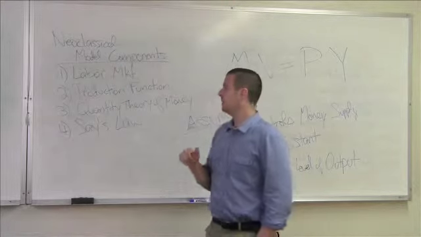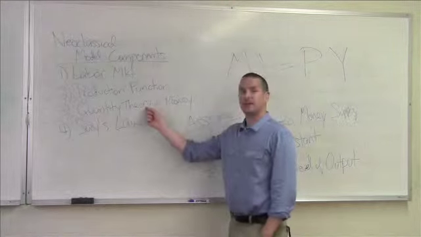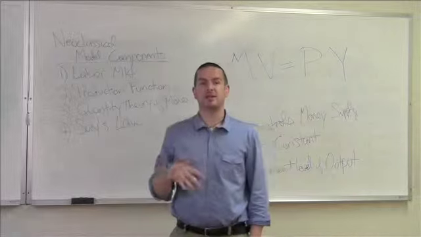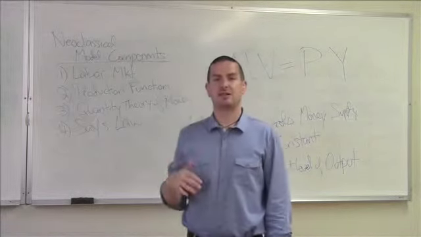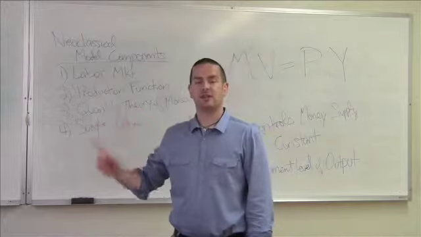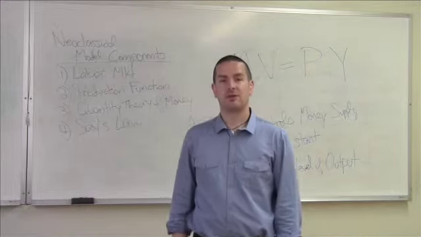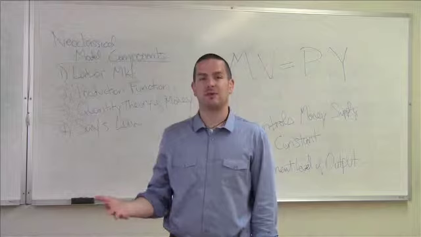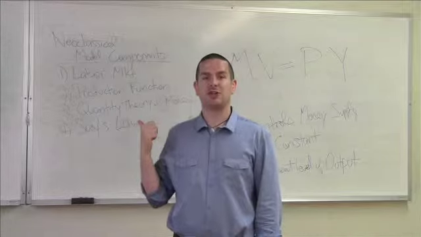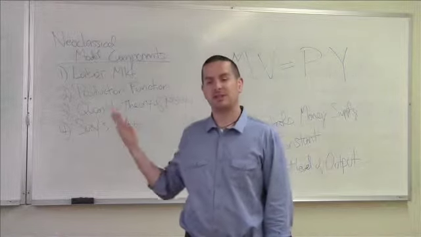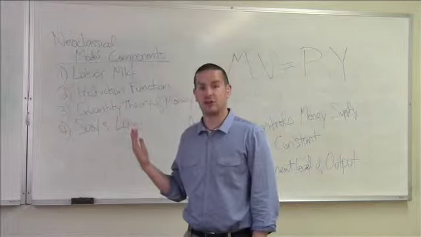Well, the quantity theory of money explains what determines the price level, at least neoclassicals believe this. So if you determine the price level, it contains the explanation of inflation. So this is the neoclassical theory of inflation.